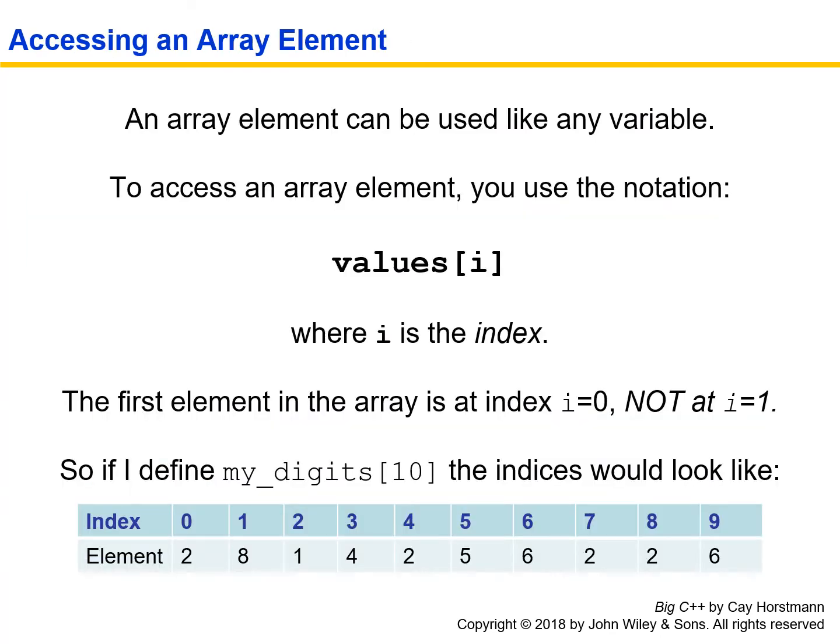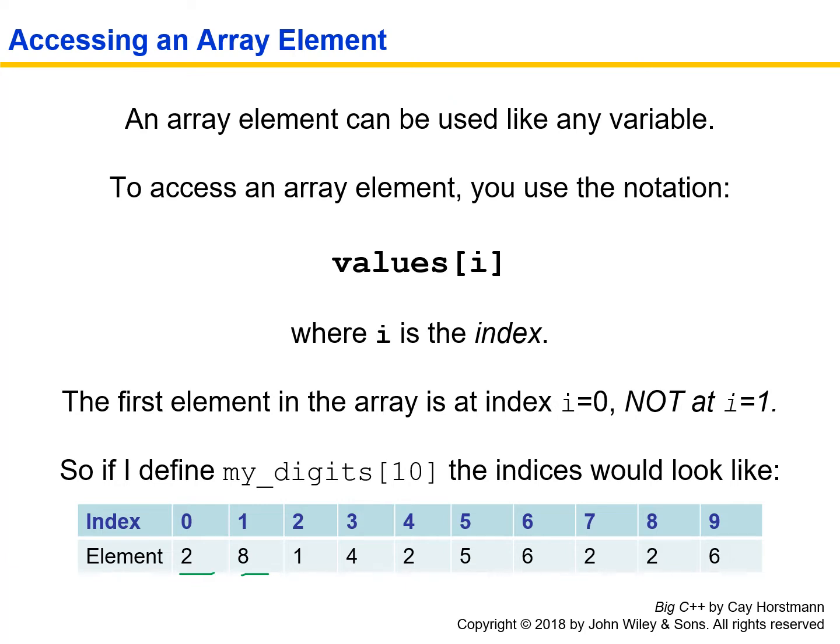Okay, so some terminology here. An array is made up of lots of numbers or characters or strings, as we've talked about. Each item that you store in the array is called an element.